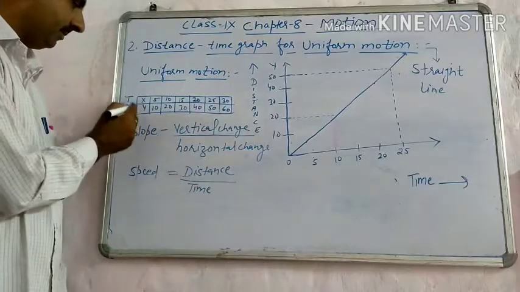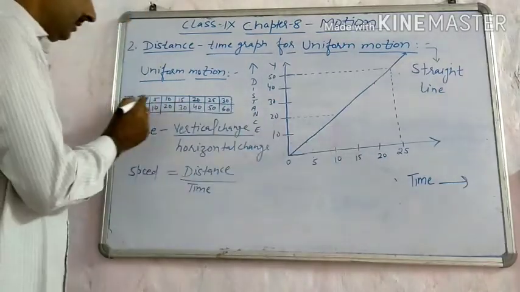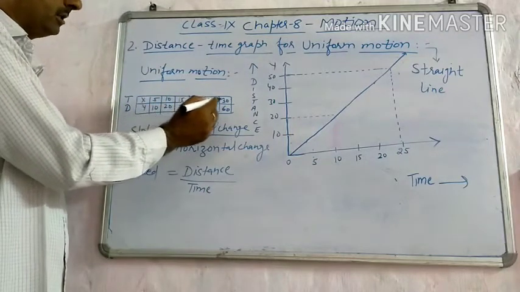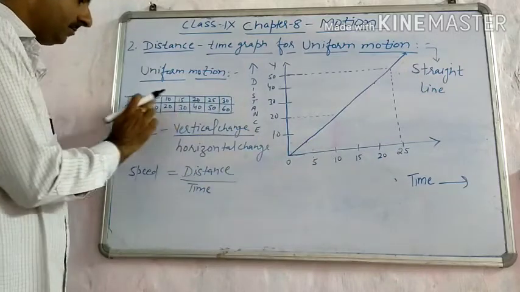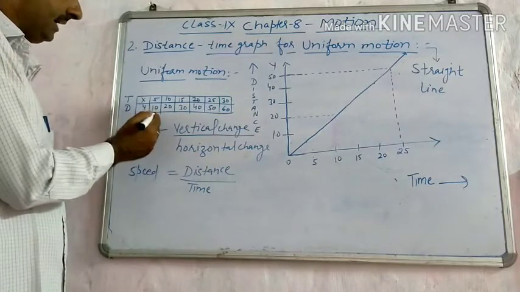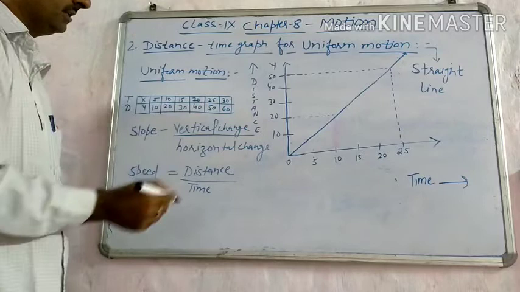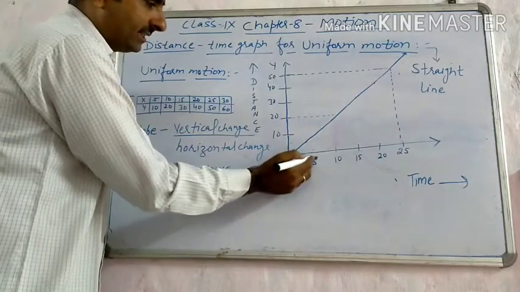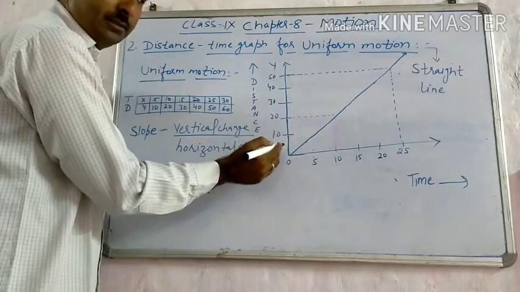Say for example, here x is time, this is x axis, here it is 5, 10, 15, 20, 25, 30, means this is on the time axis, and on y axis it is the distance 10, 20, 30, 40, 50, 60. Say for example, in 5 seconds it is covering a distance of 10 meters.